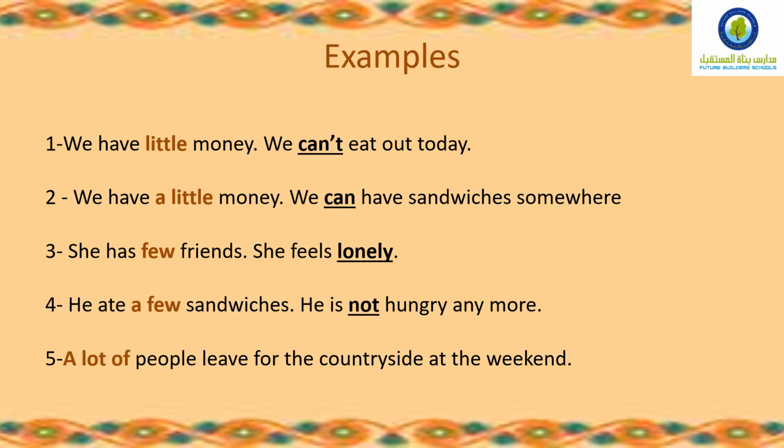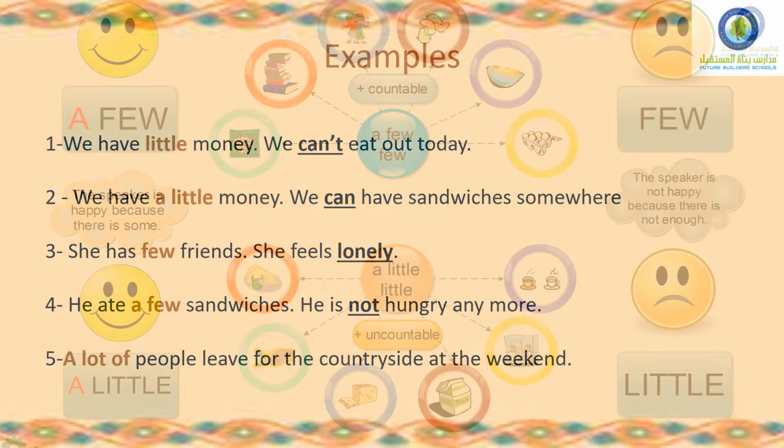So these examples: little means not enough, a little enough, few not enough. Of course, little and a little are for quantity, few and a few for number. Few, not enough number, a few, enough number, and a lot of, we can use for countable and uncountable.